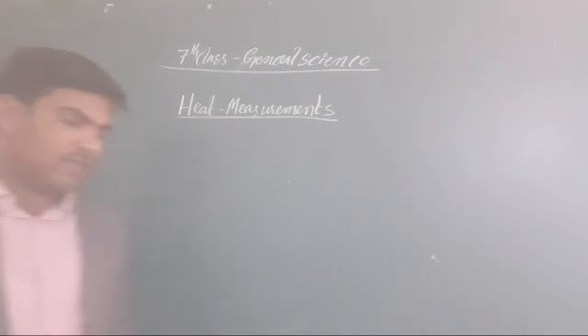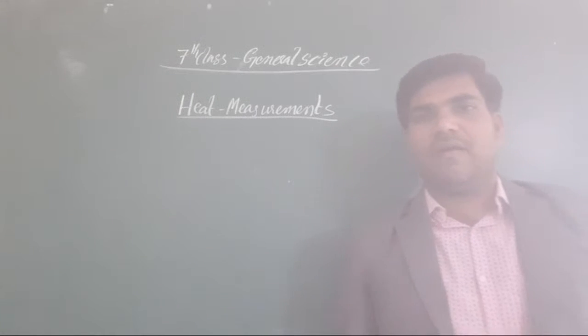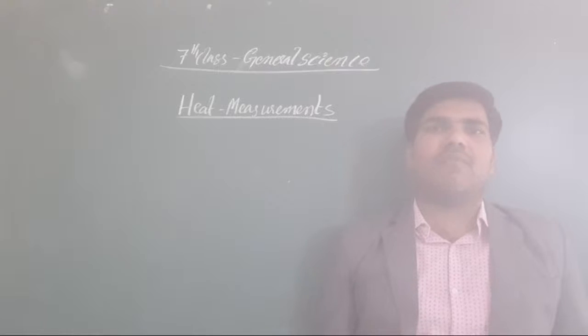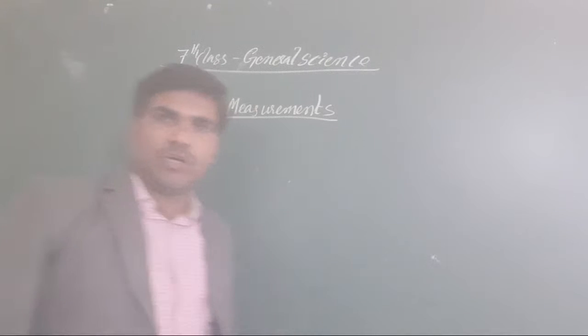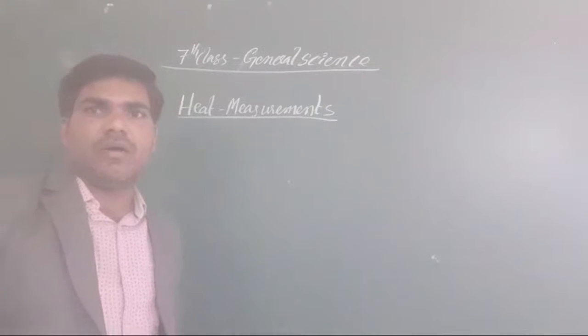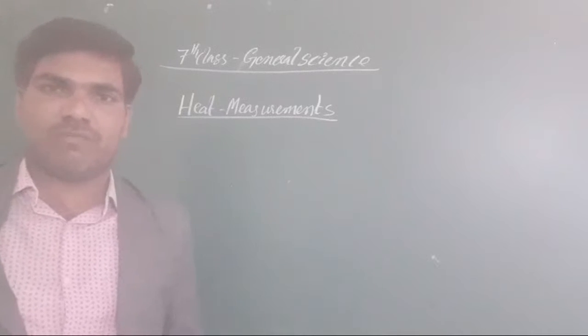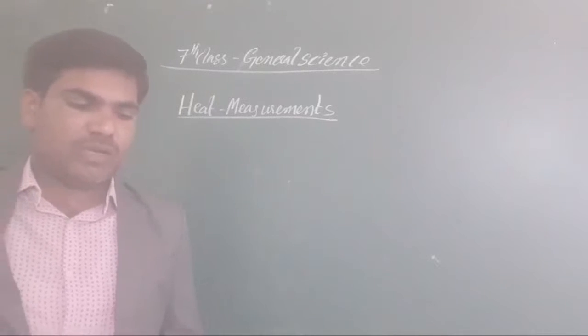Then come to the Fahrenheit scale. Which one is called the Fahrenheit scale? The Fahrenheit scale is used for human body temperature. Got it or not? Mainly we consider that particular concept. The next one is the Celsius scale.